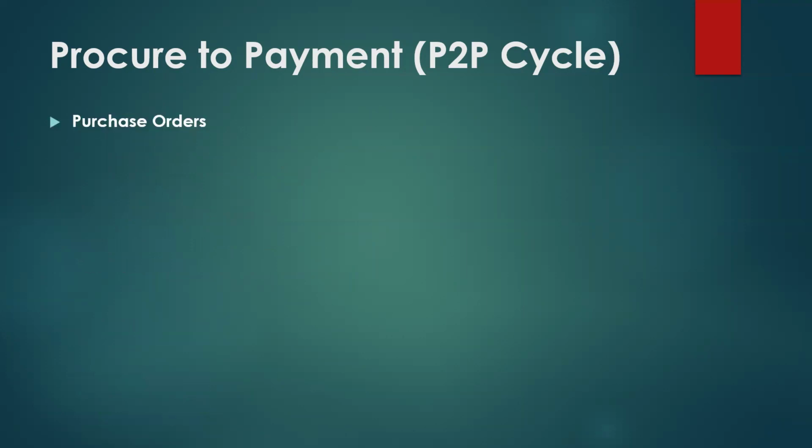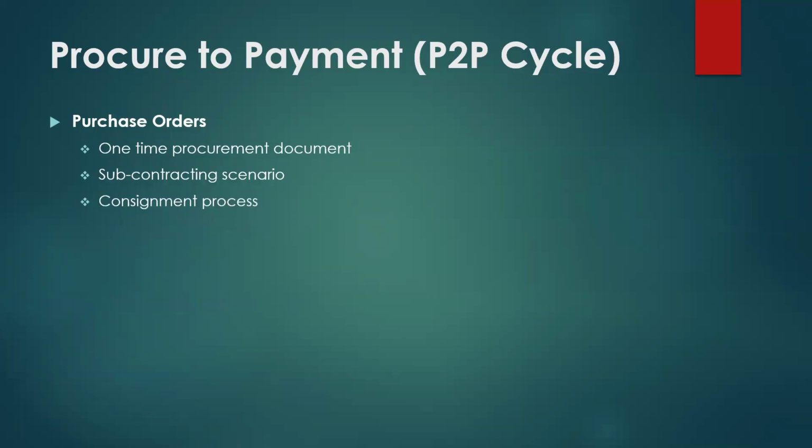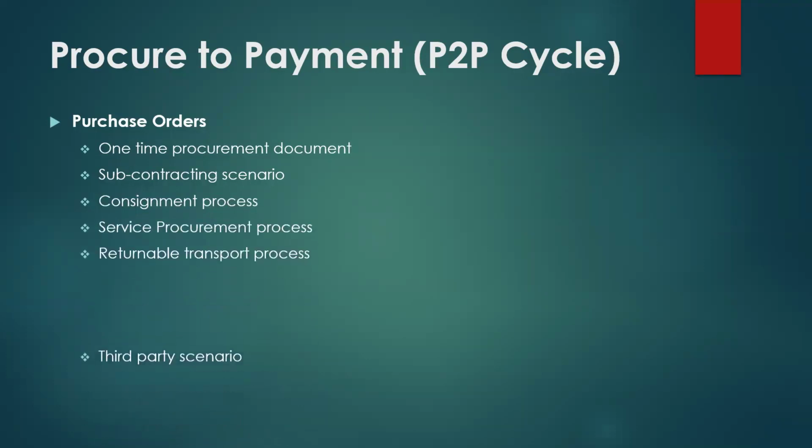And the next step is purchase order creation. There are different types of purchase orders as per the procurement P2P cycle: one-time procurement document, subcontracting scenario, consignment process, service procurement process, returnable transport process, third-party scenario, and STO process.